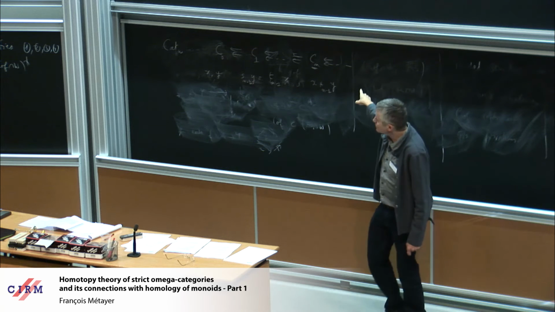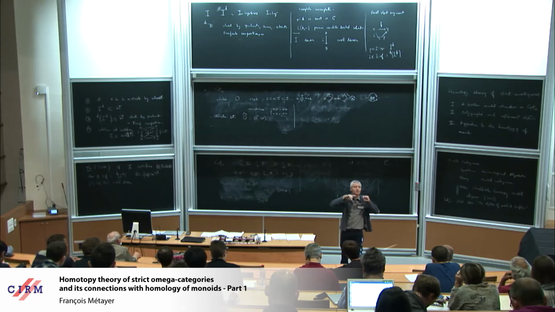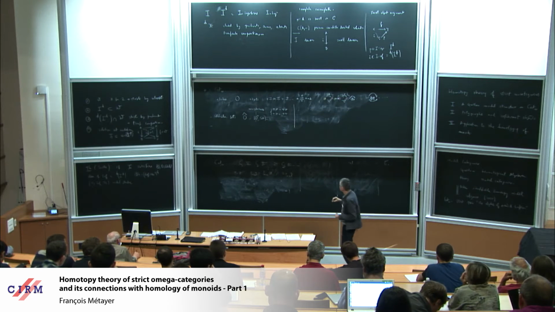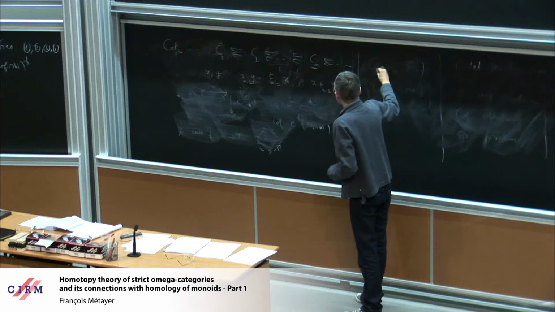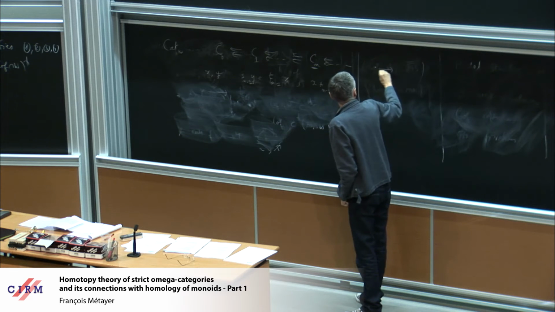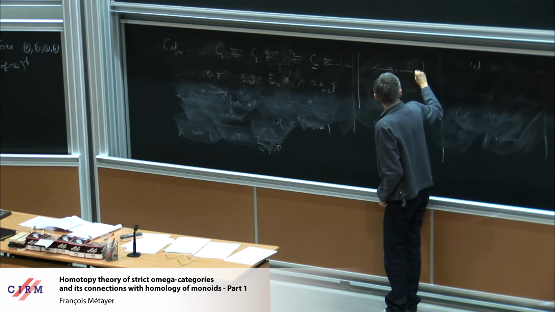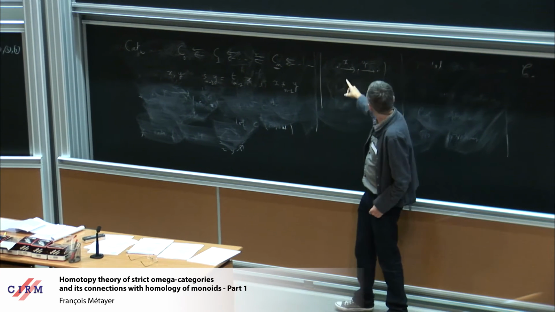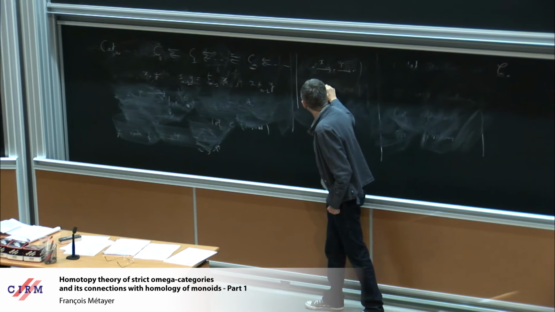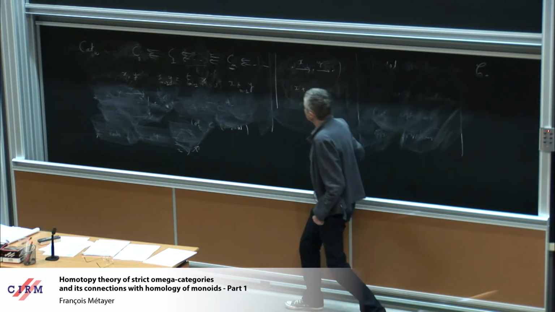I will systematically write the composition in the diagrammatic order. So if I have two 1 cells x, y, the composite will be denoted by this.